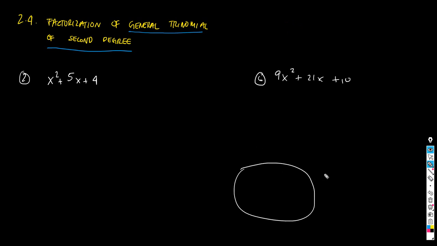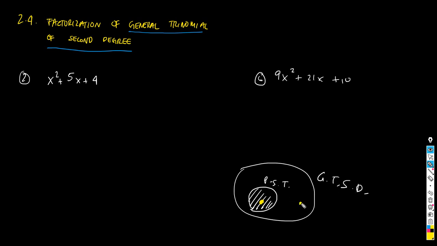You can visualize this idea by this diagram. In here we have all the general trinomials of second degree. All of them live in here. And the perfect square trinomials are a subset of this greater family, so to speak. So if a trinomial is a perfect square trinomial, it's also a general trinomial of second degree.